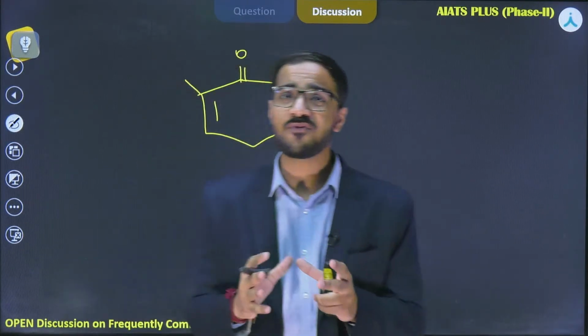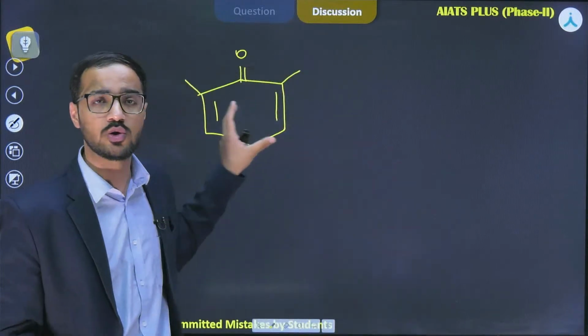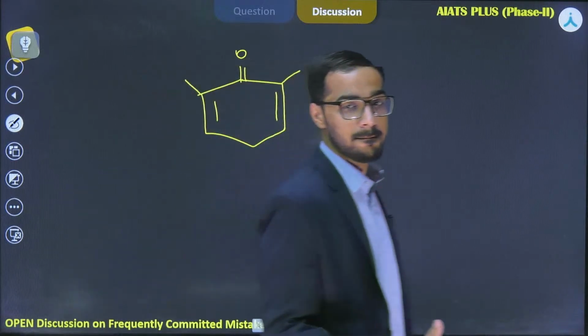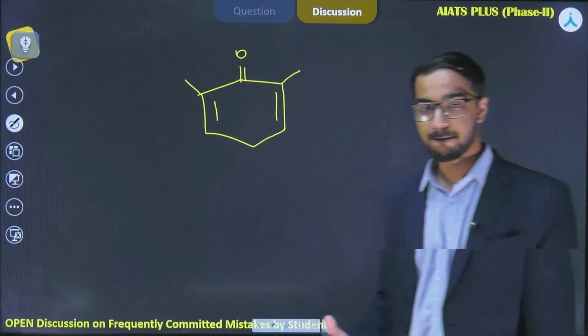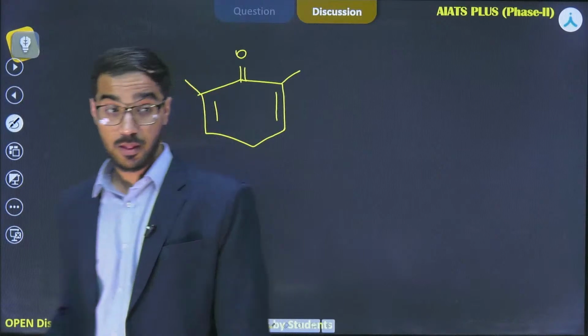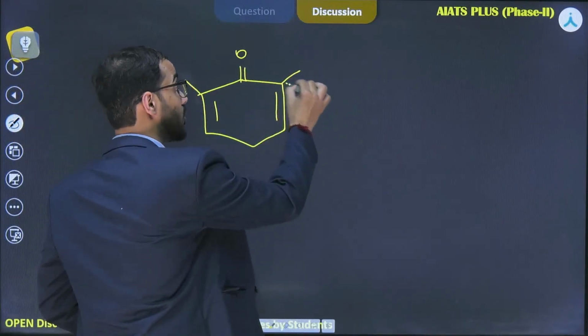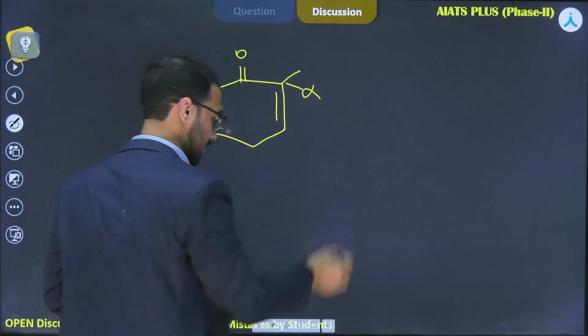So is there any feasibility that it will undergo keto-enol tautomerization? We can say there will be no feasibility because there is no alpha hydrogen here.